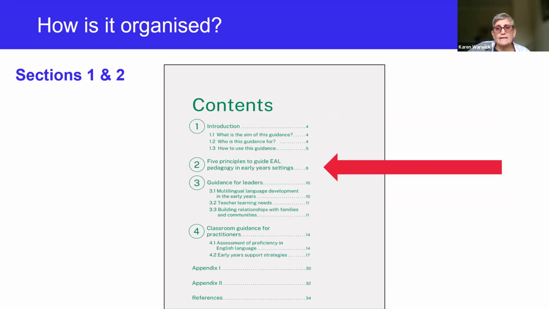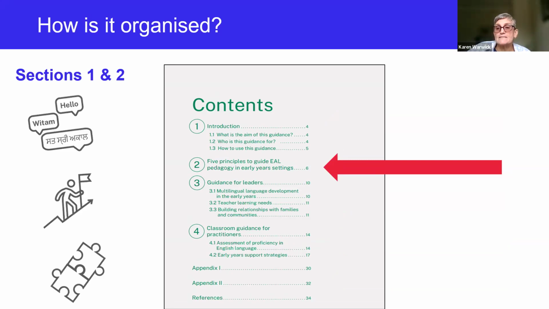Okay, so we talked a little bit about the first section, the introduction. So we'll now have a little look at the 5 principles in the second section that we've already mentioned. So the first thing that you will notice in the updated early years guidance is that it is not organised according to the assessment bands A to E for proficiency in English from the Bell Foundation EAL assessment framework, but it is organised to align with the Bell Foundation's key principles.